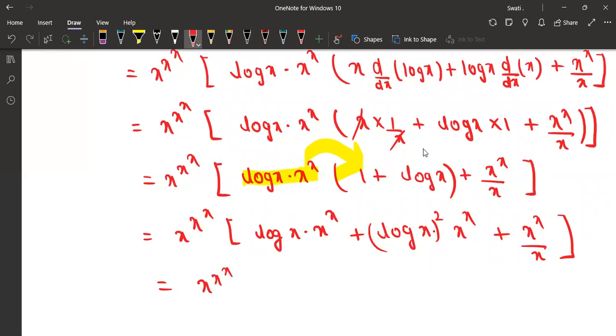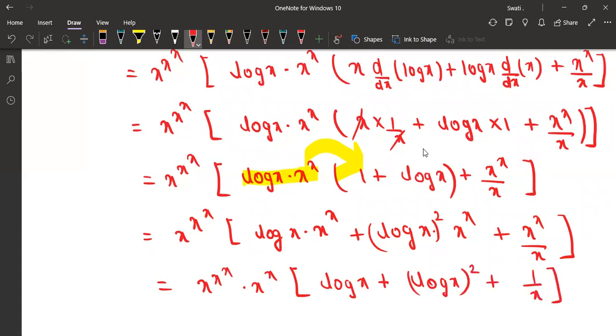So if I take this x raised to x common, what I'm left with is log x here, and then here log x square, and then here plus 1 by x. I have taken this x raised to x outside. This x raised to x, this x raised to x, and this x raised to x has basically come over here. That is it.